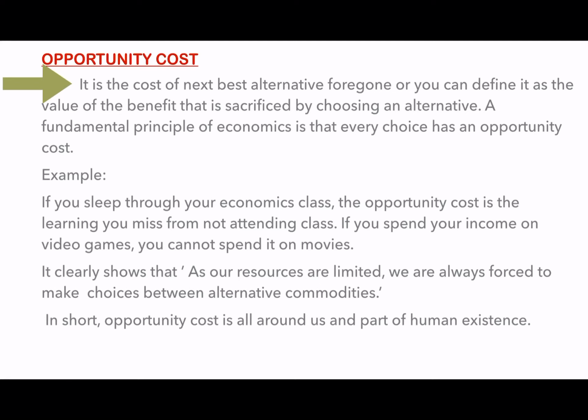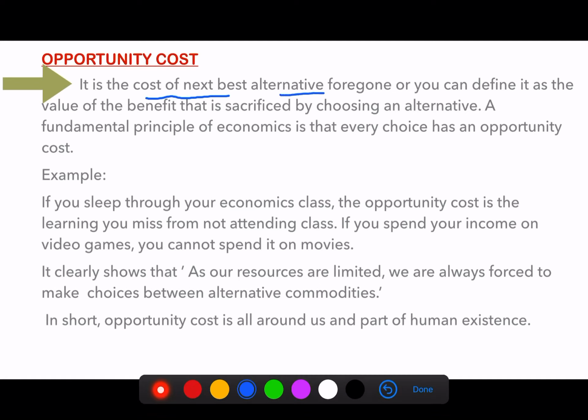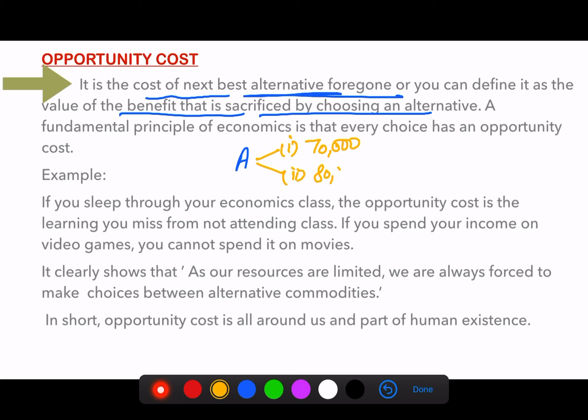Okay, so it is the cost of the next best alternative foregone, or the value of the benefit that is sacrificed by choosing an alternative. As I told you, it is just like MCQs. Okay, so A is a person who has two options: one company offered him a salary of 70,000 monthly, and the other company offered him 80,000 monthly.